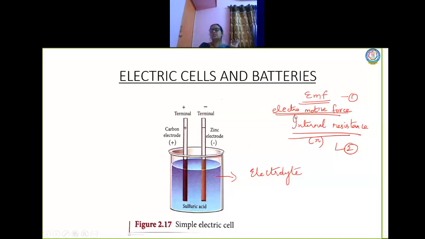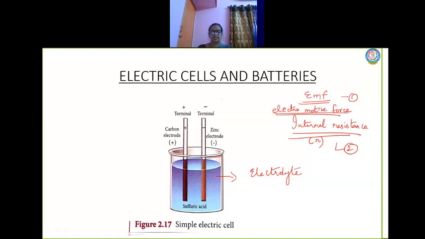In an open circuit, you call that potential difference EMF. In a closed circuit, you just call it simply potential difference, which is voltage. EMF is in an open circuit. Potential difference is in a closed circuit. Is it clear?